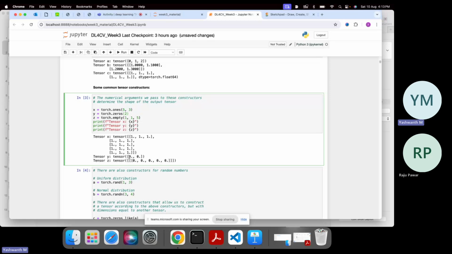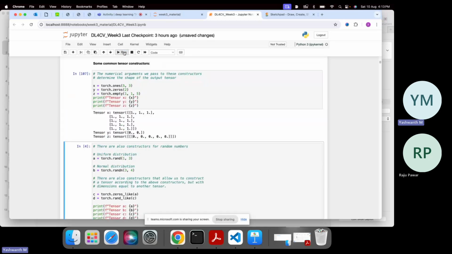And this is an empty tensor, the last one, of dimension 1, 1, and 5.